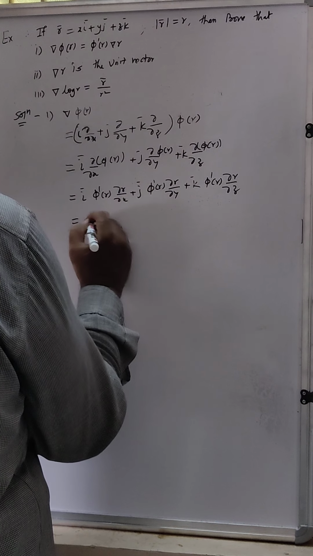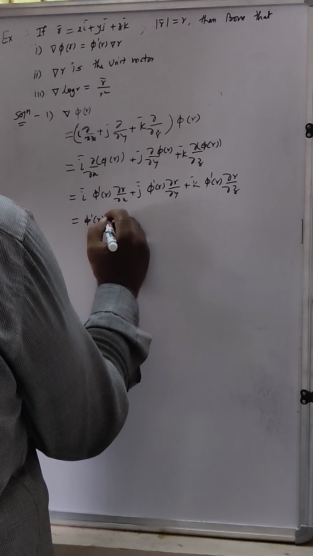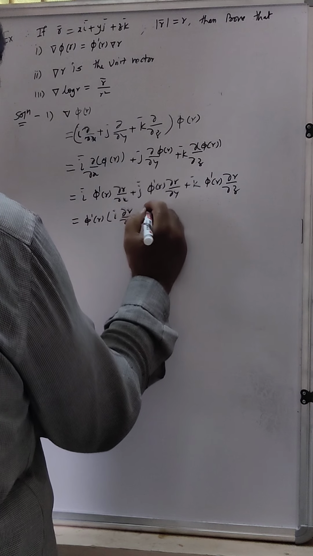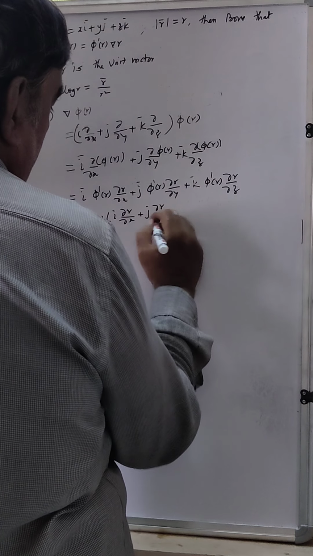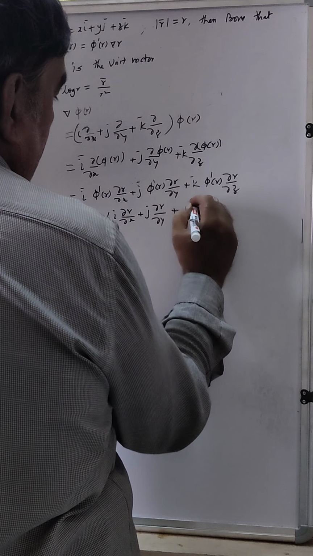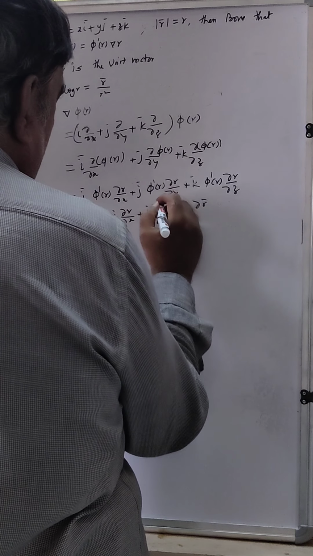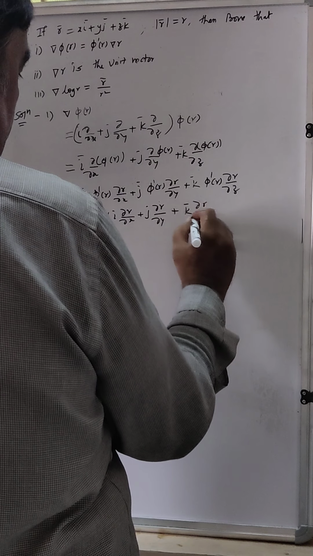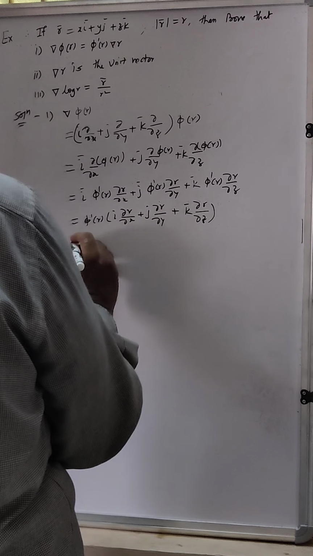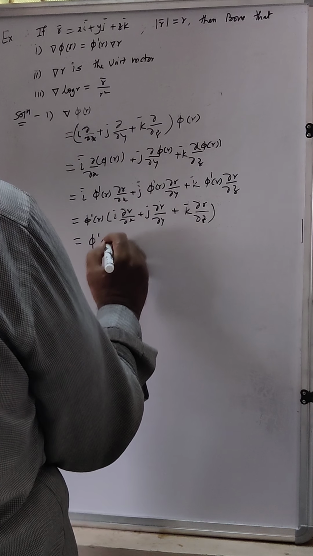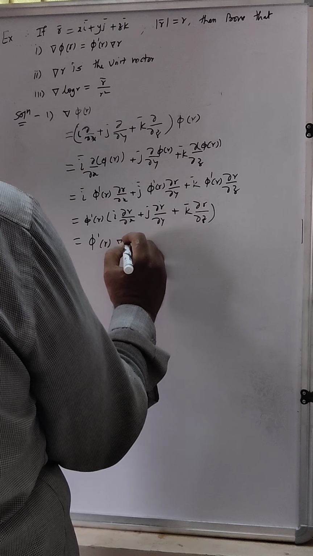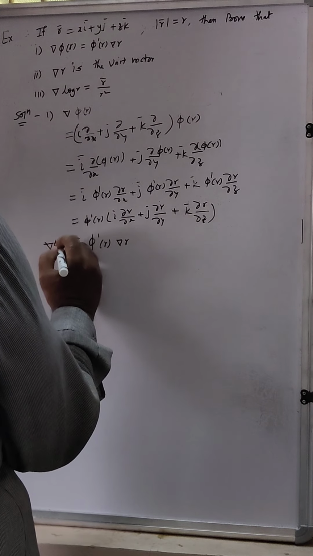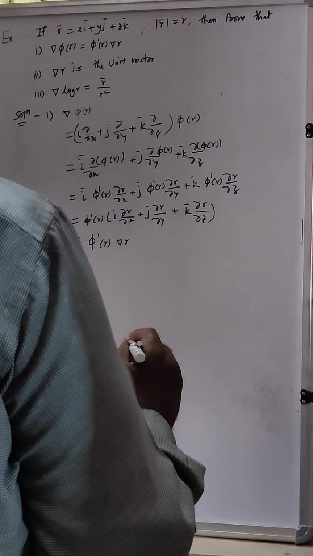Phi dash r is common: i ∂r/∂x plus j vector ∂r/∂y plus k vector ∂r/∂z is equal to phi dash r into del r. So del phi r is equal to phi dash r del r.